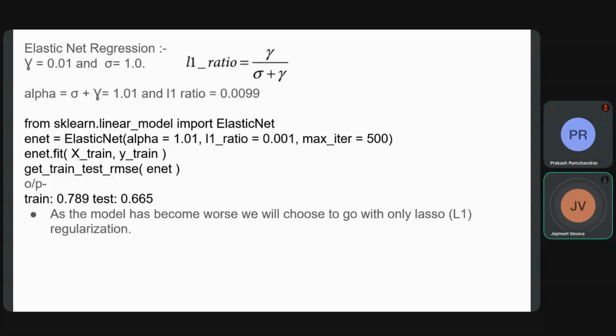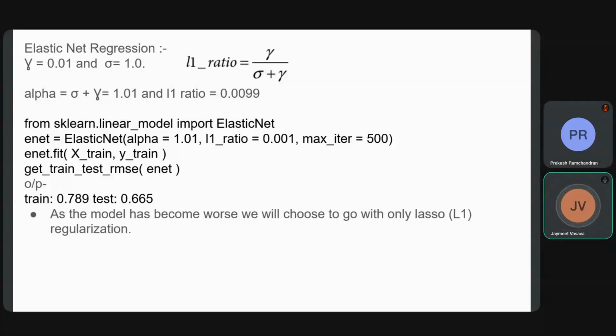So moving further with the value of alpha equal to 1.01, and the individual values of gamma equal to 0.01 and sigma equal to 1.0, the L1 ratio that we get is 0.001. So the elastic net parameters, alpha, L1 ratio, and the maximum iterations are given.